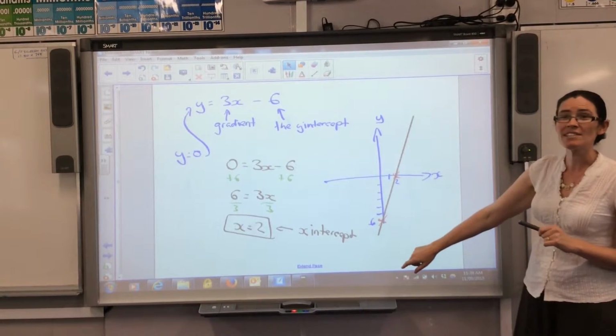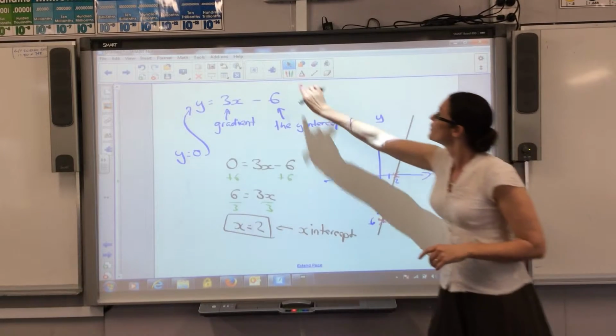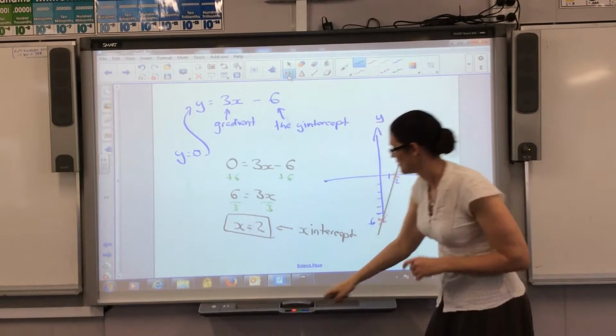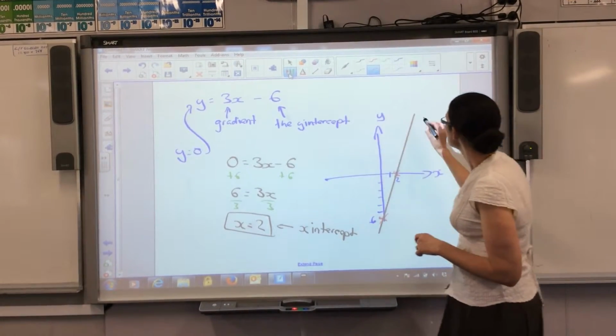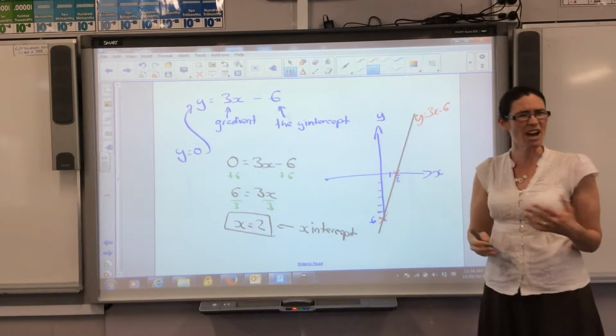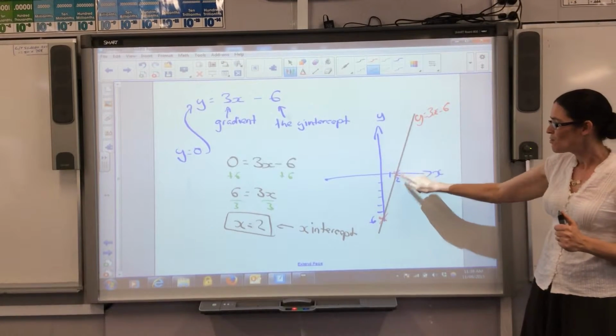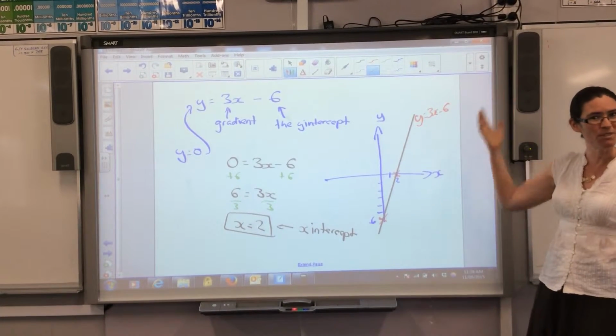So this line is now the graph of y equals 3x minus 6. Did you see how quick that was to draw? Really quick, because all I knew was the intercepts. I just grabbed a ruler, I'm done.